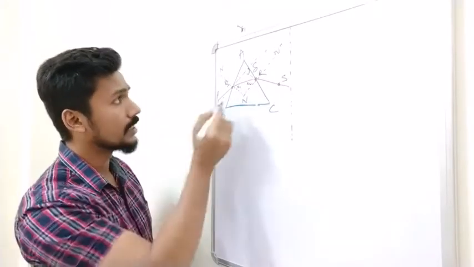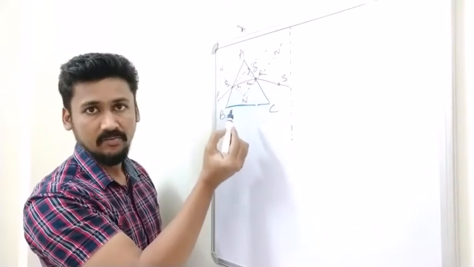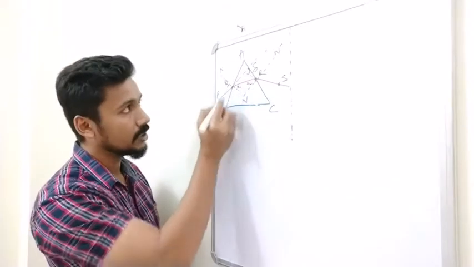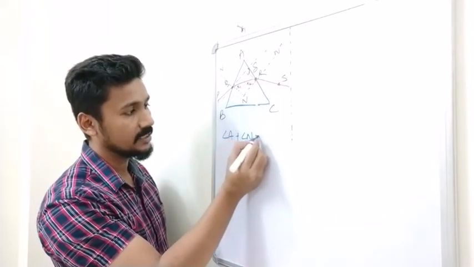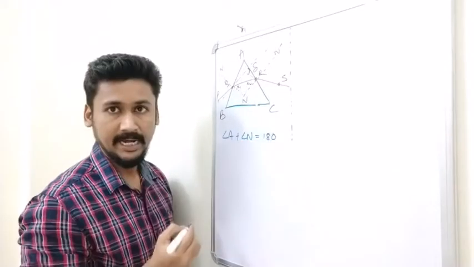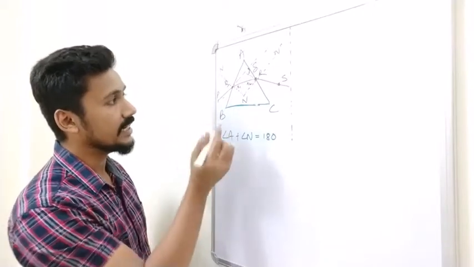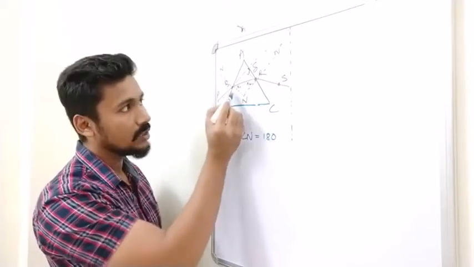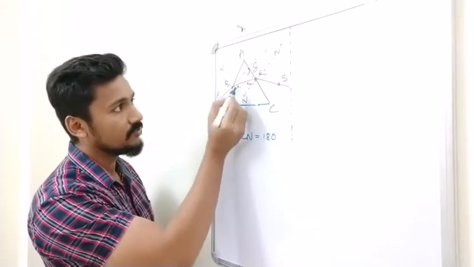So, when you look at the quadrilateral AQNR, we can see that opposite angles should come to 180. Therefore, angle A plus angle N should be equal to 180, right? This is, I think, very easy to understand. Similarly, when you look at this triangle NQR, the sum of all the angles should also be equal to 180. Which angles?